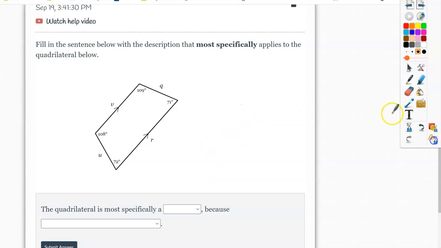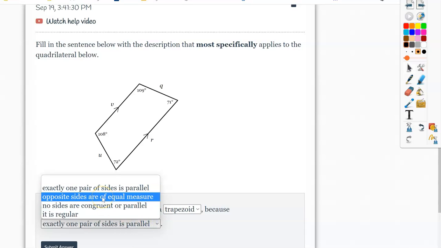But if you're not sure if the sides are the same length, and these two sides are definitely not the same length, then you're going to have a trapezoid. So this is a trapezoid because it has exactly one pair of parallel sides, and that's it.